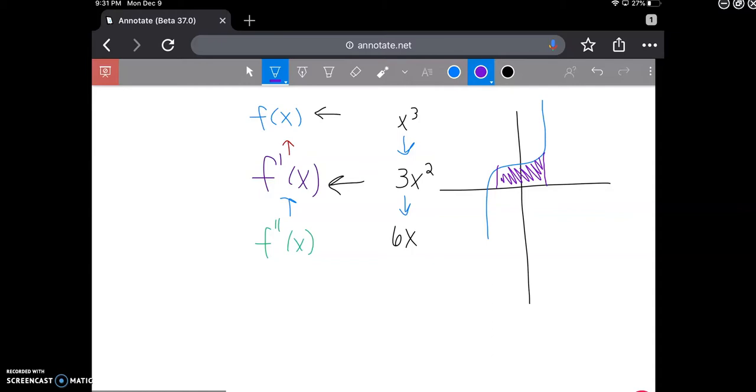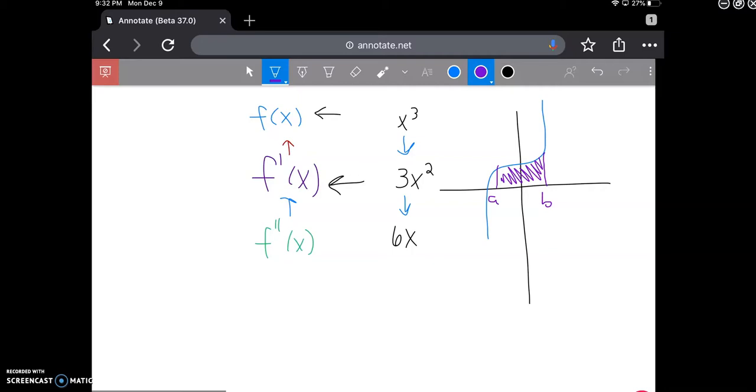Say at this point, which we'll call A, and at this point B, if I wanted to find the space under the curve, the definite integral would tell me that. The indefinite integral spits out a function. The definite integral spits out a value. It's going to be a number.